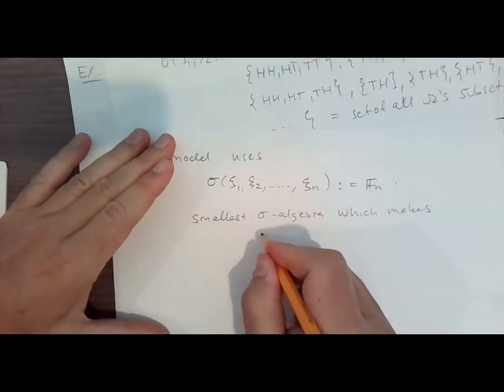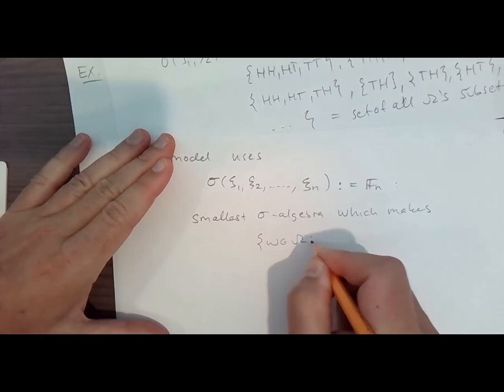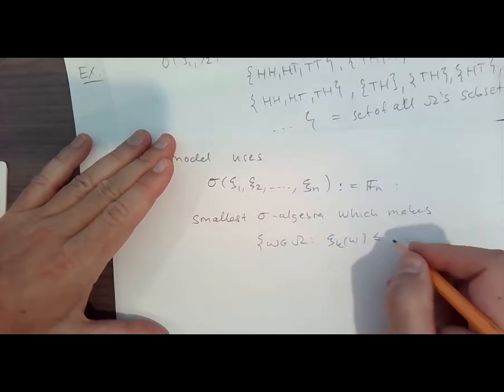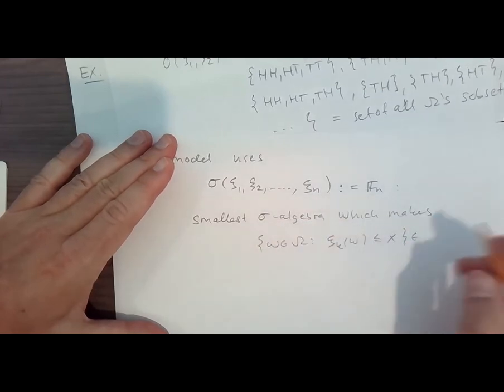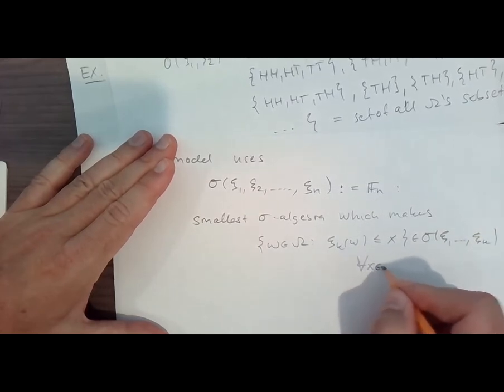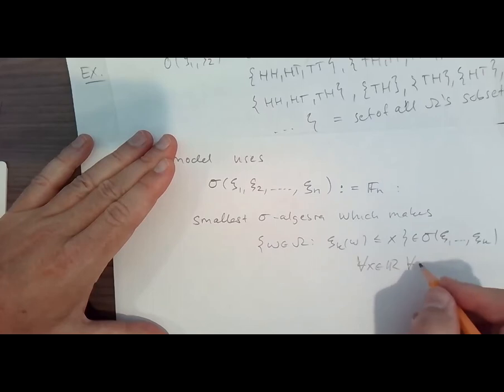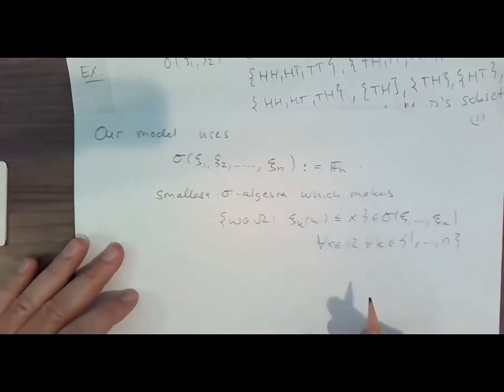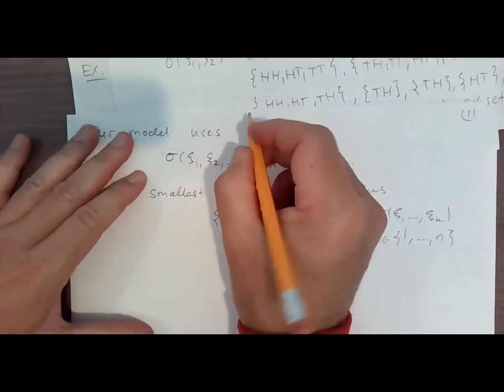So that means that the sets of omegas such that psi k of omega is less than x belong to it, for any x in R and for any k between 1 and n. This here is called the filtration.